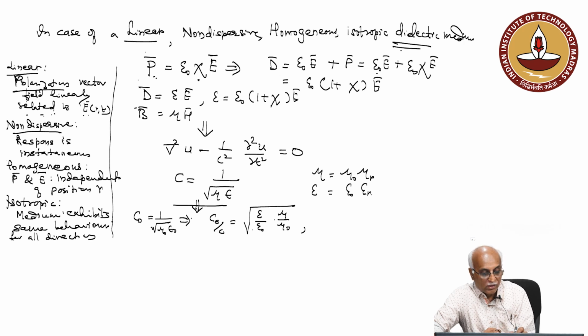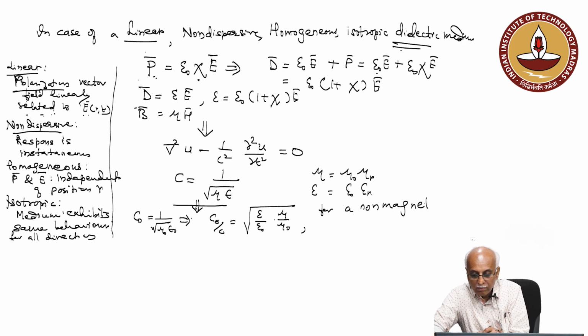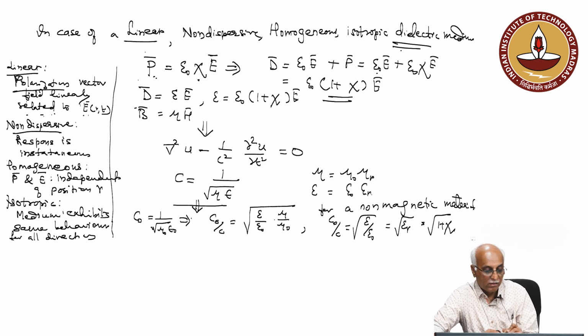In that case, we can write for a non-magnetic material, C0 by C can also be expressed as square root of epsilon by epsilon 0, which is basically square root of epsilon r. And you know what epsilon r is? It is nothing but 1 plus chi.